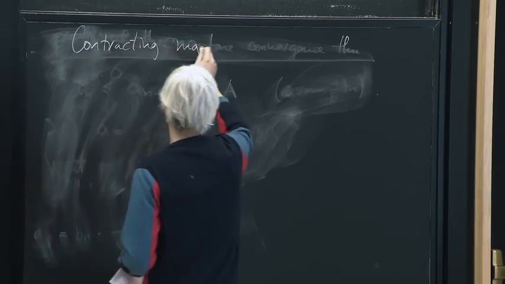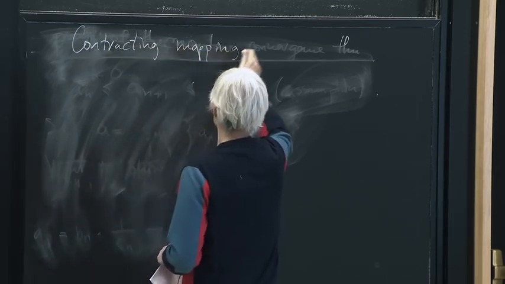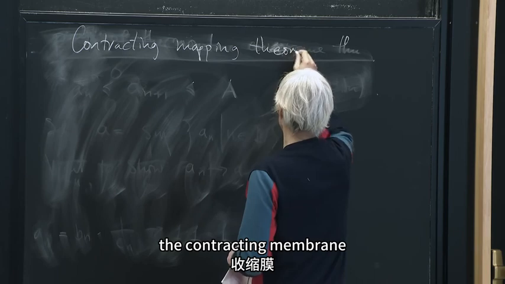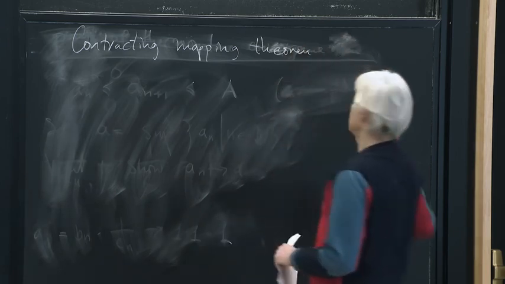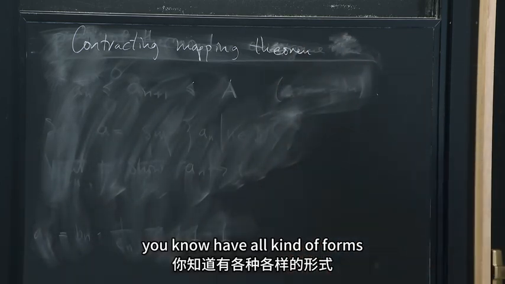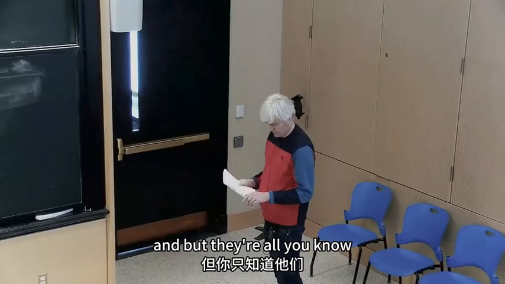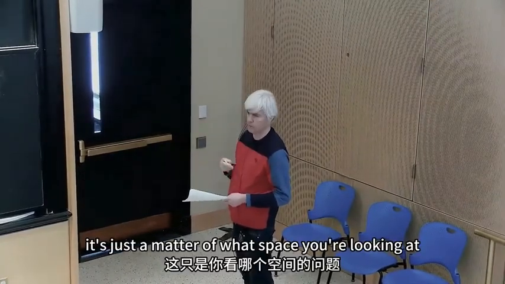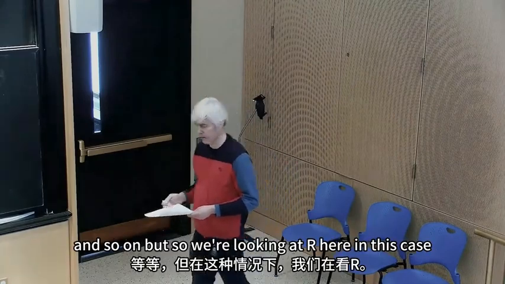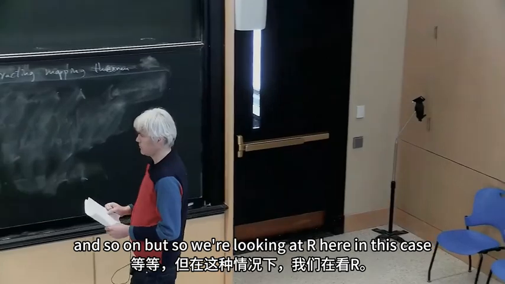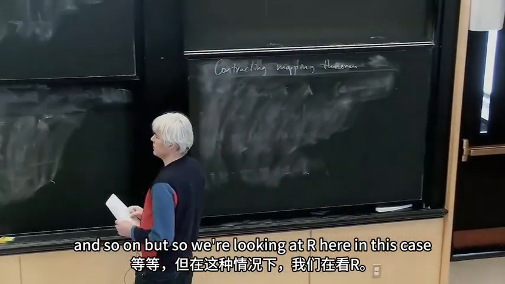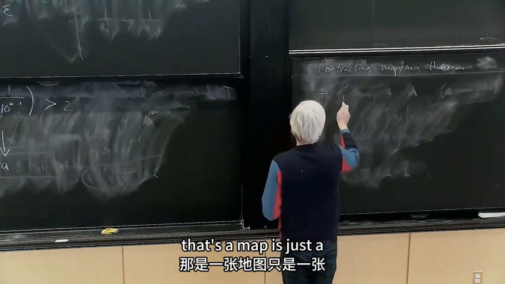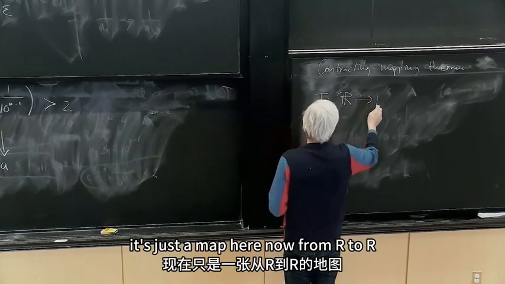The contracting mapping theorem has all kinds of forms, but it's just a matter of what space you're looking at. Here we're looking at R, and a map is just a map from R to R.